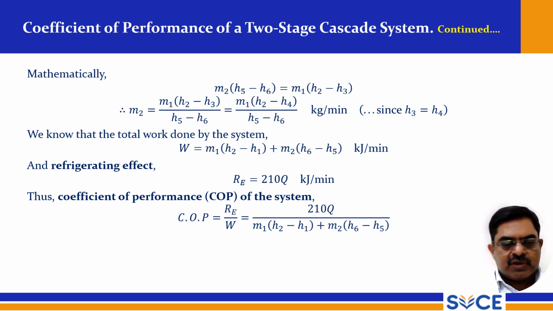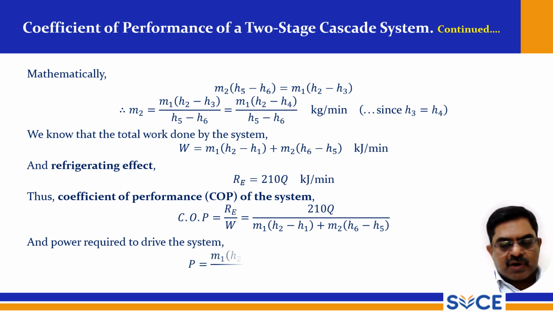So, this is the coefficient of performance, and the power required to drive the system is P equal to [M1 (H2 minus H1) plus M2 (H6 minus H5)] divided by 60, that is in terms of kilowatt.